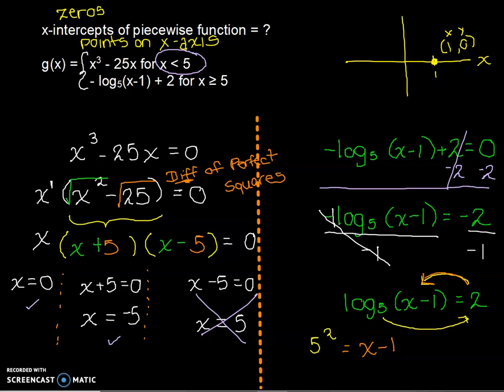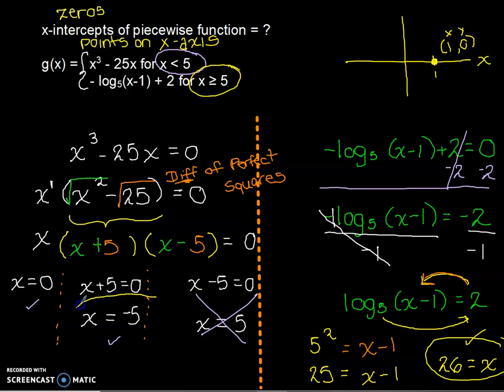So this pretty much gives me 25 equals x minus 1, and I'm out of room here, but you'll add 1 to the other side, and that'll give you x equals 26. Now, remember the condition. It says I can only use this if x is greater than or equal to 5, which it is. So these 3 values that work within the condition are my x-intercepts of this piecewise function. All right, guys, I hope this helps.